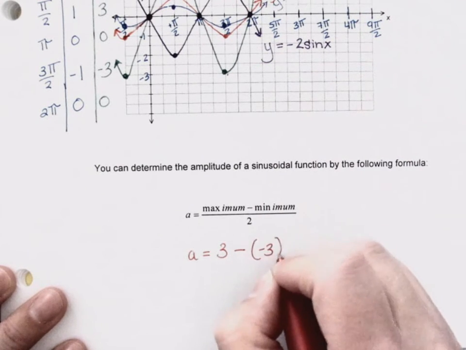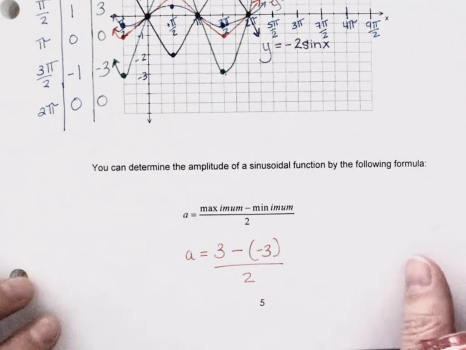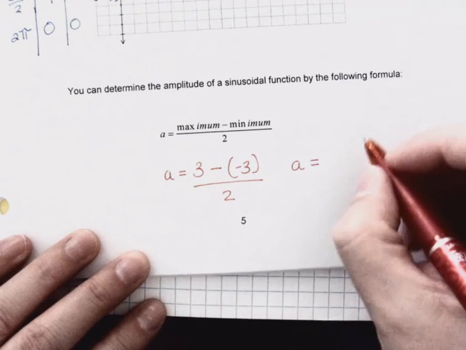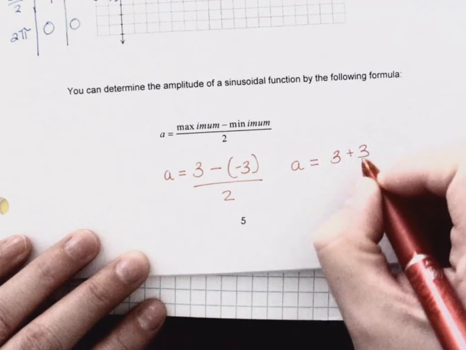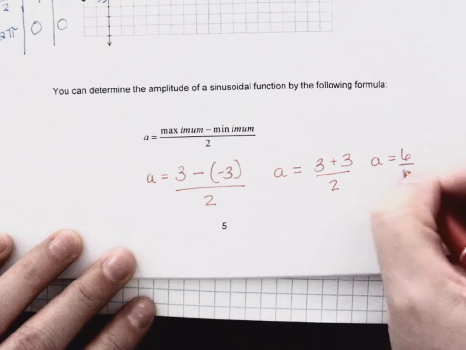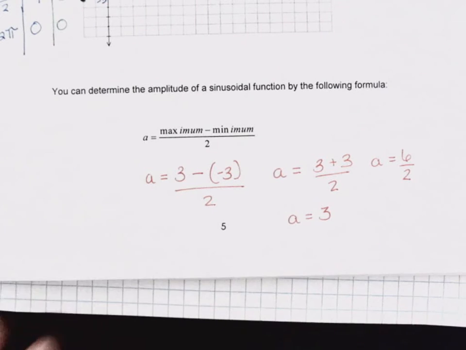Wait, so you only do this on the original graph? No, you can pick any graph. I'm picking the green one, which isn't the original. Okay? So A is equal to (3 - (-3)) divided by 2. So A is equal to 6 divided by 2. A is equal to 3. So even if you can't see it on the graph, you can calculate it.